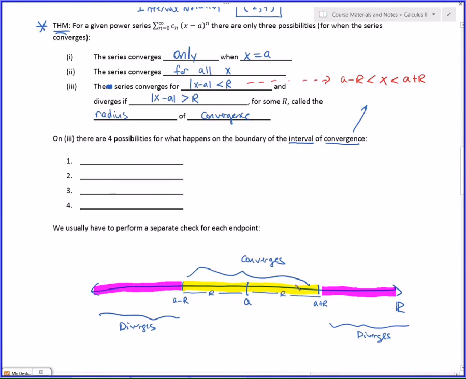Inside here, that series will be convergent, which means I can plug in numbers and get a number out of it. But what happens at the endpoints, we have to check separately. So put a little note here: check endpoints.